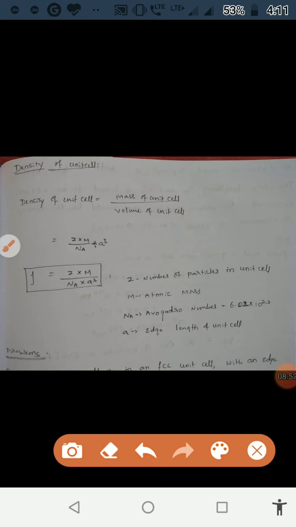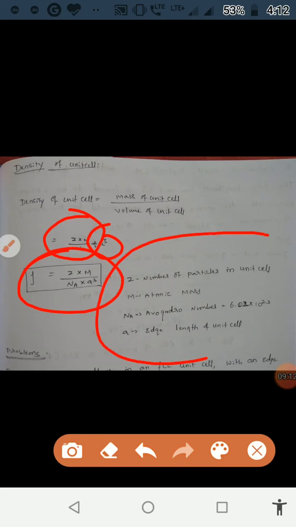The mass of the unit cell is given by Z into M divided by Na, divided by a cubed. Therefore, the total formula for the density of the unit cell is rho equal to Z into M divided by Na into a cubed. This is the formula to calculate the density of the unit cell.